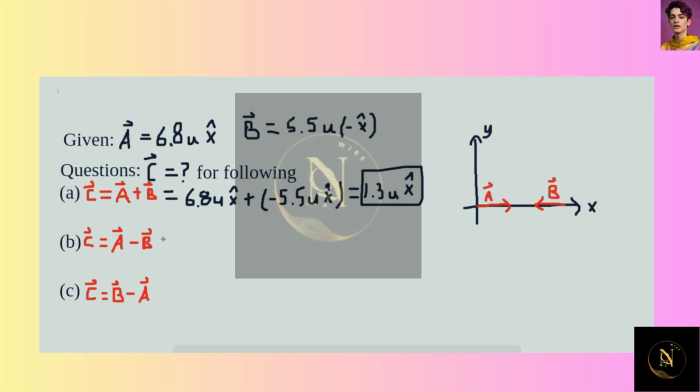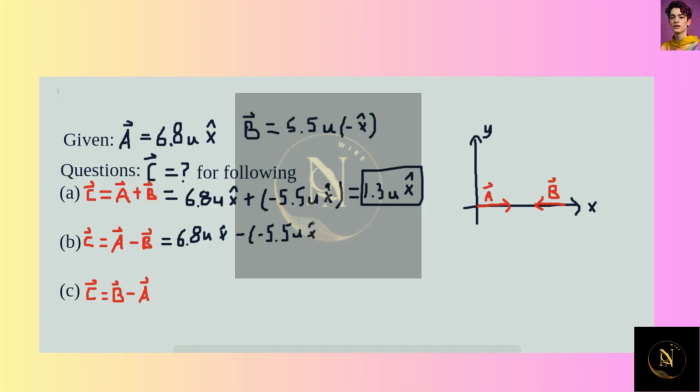Part B, we want A minus B. So now we have 6.8 units again for A, and that's in the plus X hat direction, right? And then this time we have a minus, and then we also have another minus sign here because we're going to have the same thing for B because it's minus B, and then 5.5 units, X hat.